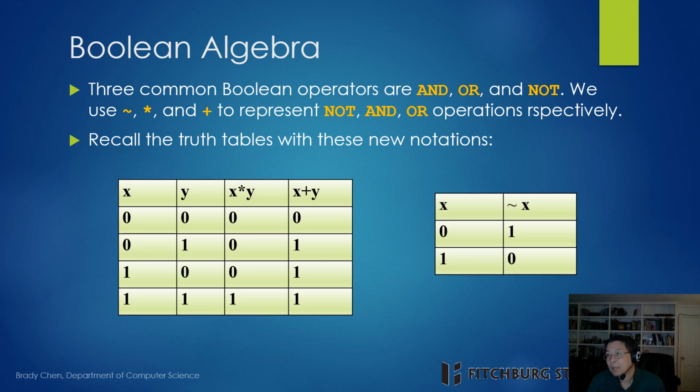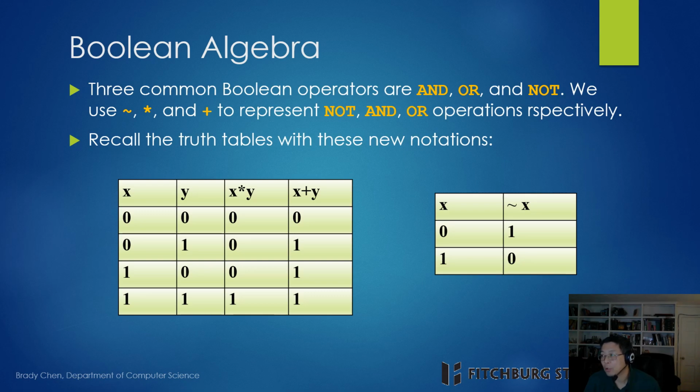So now let's talk about three common Boolean operators: and, or, and not. These are basically the same as the operations we talked about in Module 1. So and corresponds to the conjunction, or corresponds to the disjunction, and not corresponds to the negation.